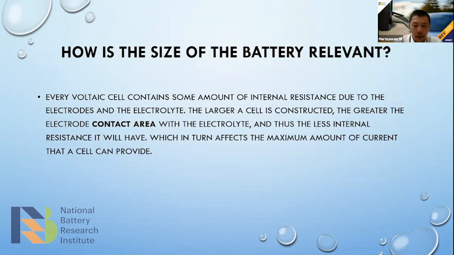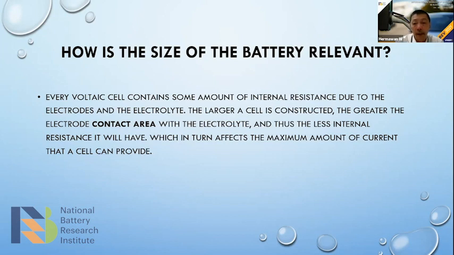If you know the design of the cell, almost always the higher the capacity, the bigger the contact area, and that makes the internal resistance lower. This is some of the logic.